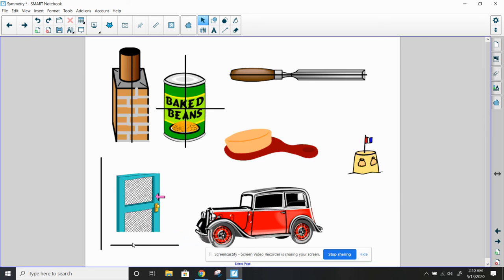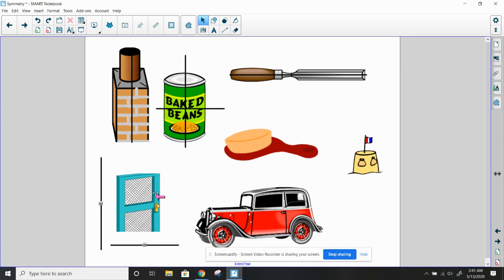No, that doesn't work. What about a vertical line of symmetry? Does that work? We have a problem. I have a flag on top, and the flag is not exactly the same on both sides. So this one does not have any lines of symmetry. It won't work. Nope.